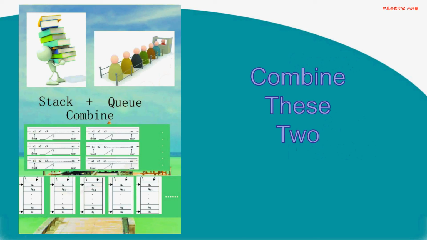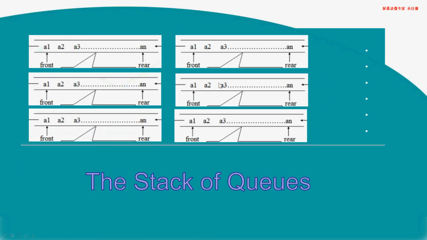Next, what we should do is combine these two basic data structure algorithms and make it more complex. Let me explain it in more detail. This whole is basically a stack.